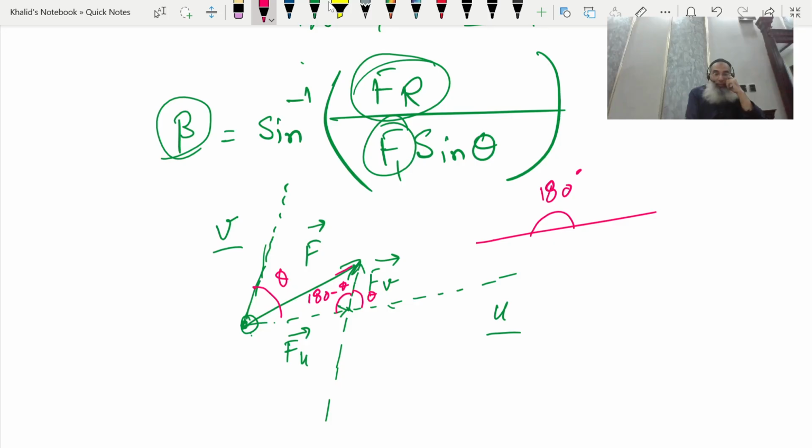We can easily find these two sides because we know this angle and we know this side.